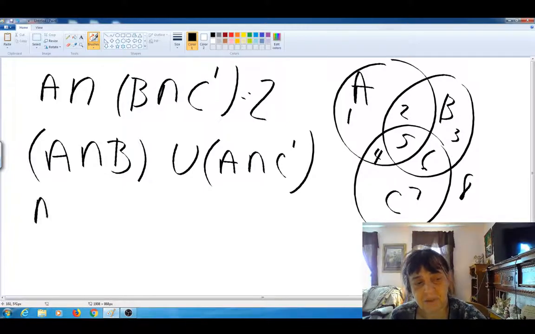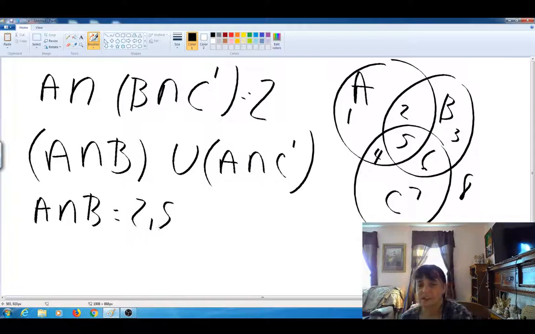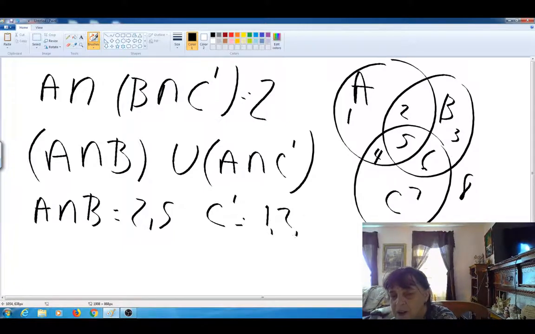A intersect B is 2, 5. And C prime is 1, 2, 3, 8. A is 1, 2, 4, 5.